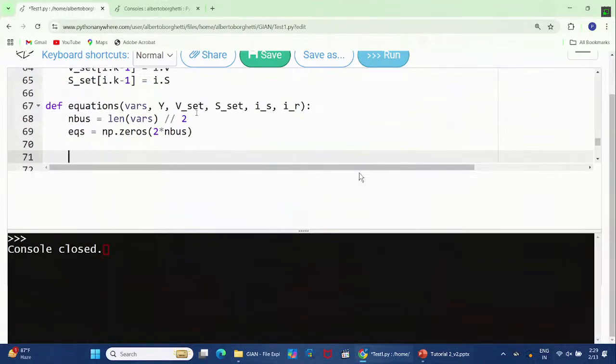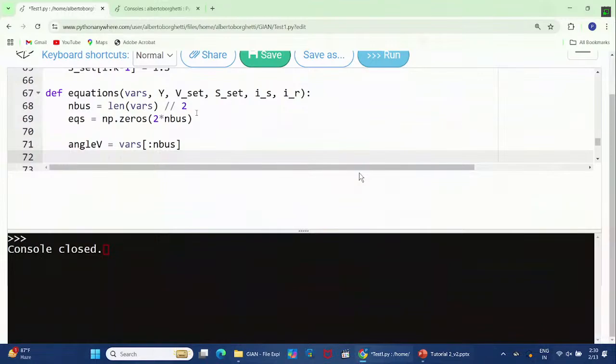So I can define angle, just in order to simplify the notation when we write the equations, equal to vars, but only the first n_bus. In order to take the first ones, we don't write anything, just the colon and then n_bus. So we extract from the vector of the variables just the first n_bus elements. And then abs_V equal to vars, and then the last elements.